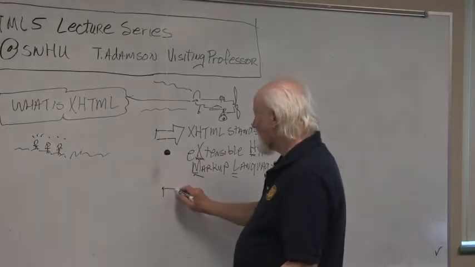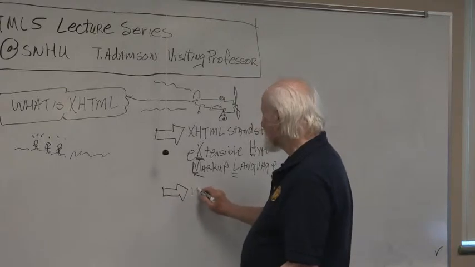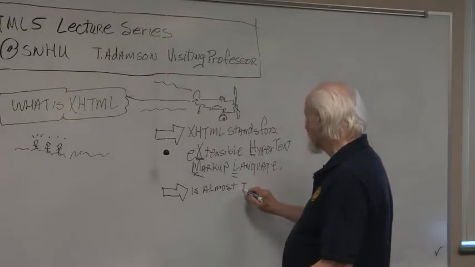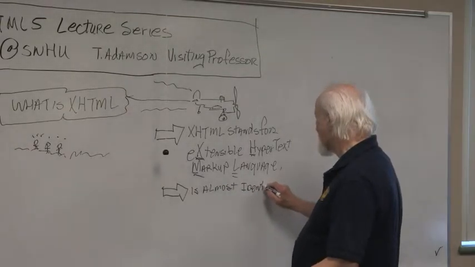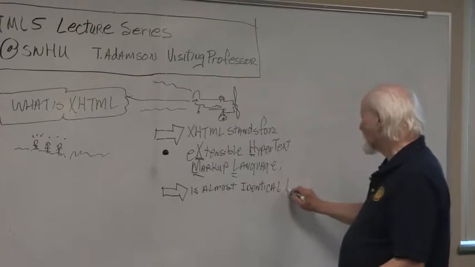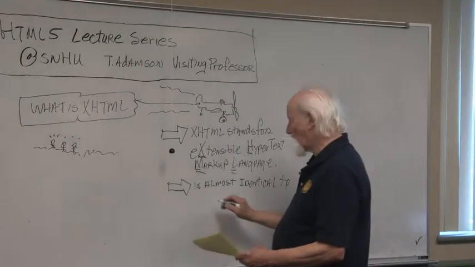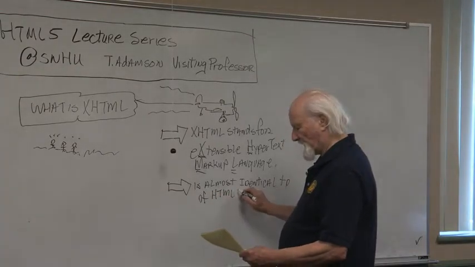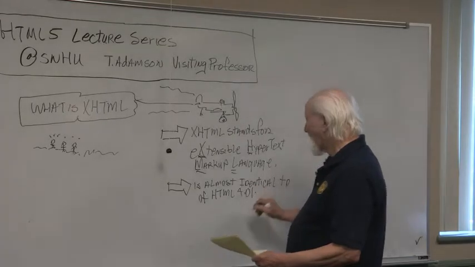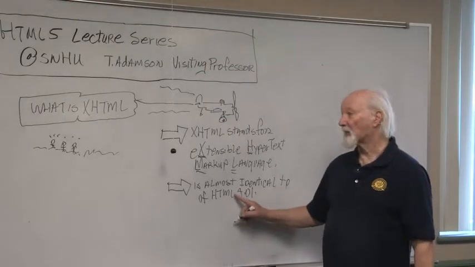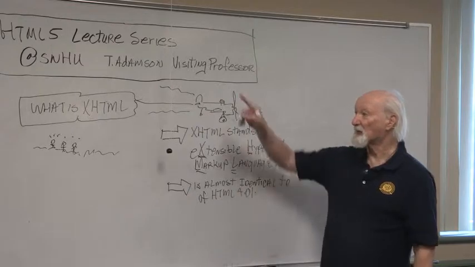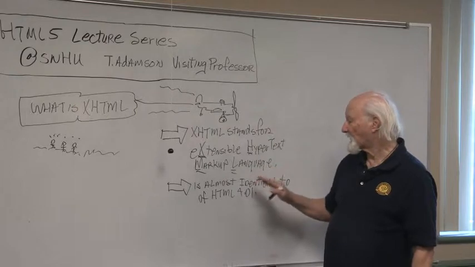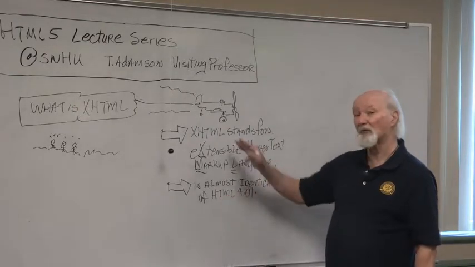And XHTML, we should know, is almost identical to the older recommendation of HTML 4.01. HTML 4.01 is what was the recommendations just before HTML5. So XHTML is almost identical to this recommendation, but with some extensions.